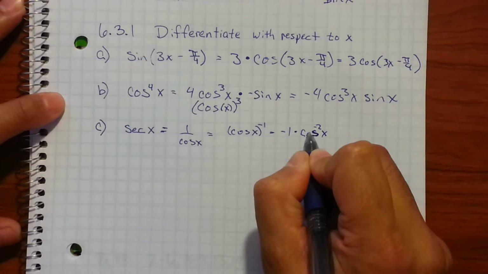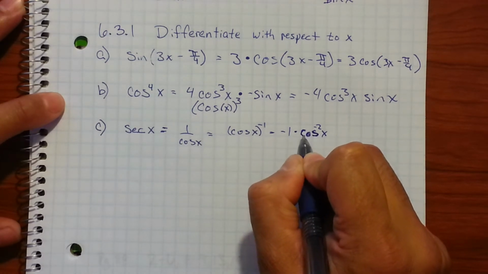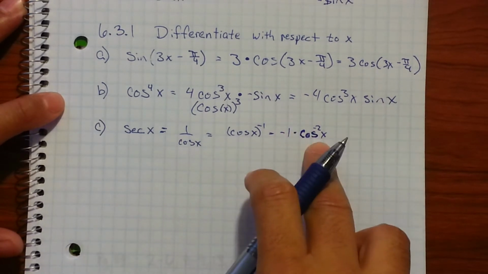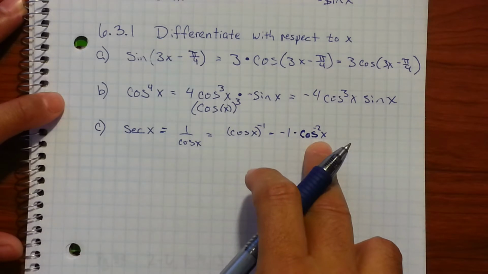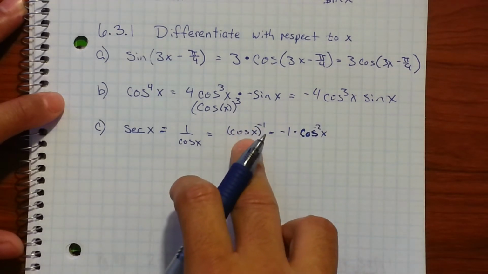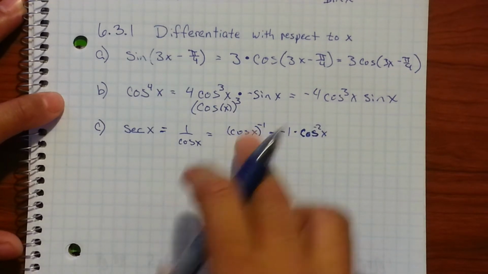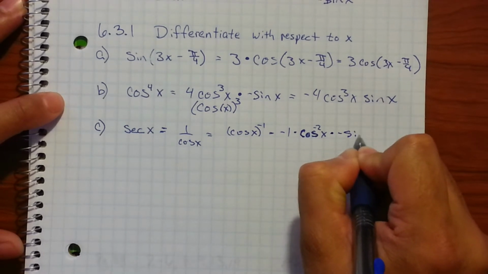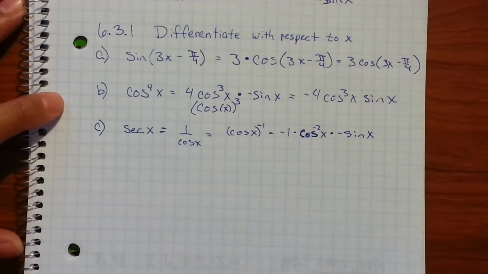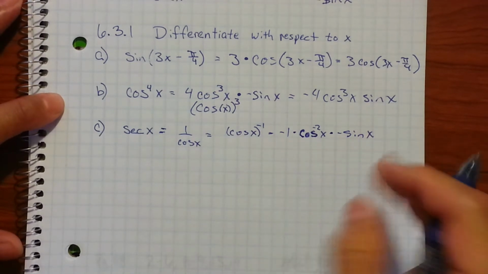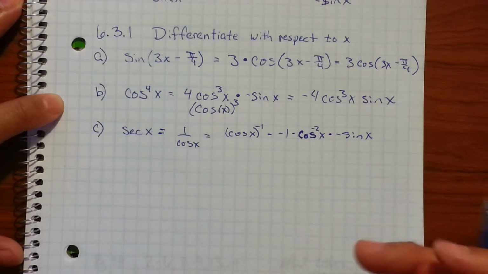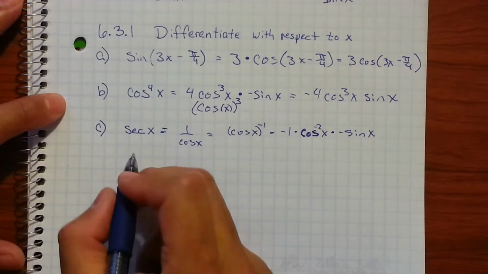Alright, so I get this here, and now I go with the inside. The derivative of cosine is going to give me times negative sine x. Now if I put that together, my two negatives together make a positive, so I'm going to rewrite this over here.